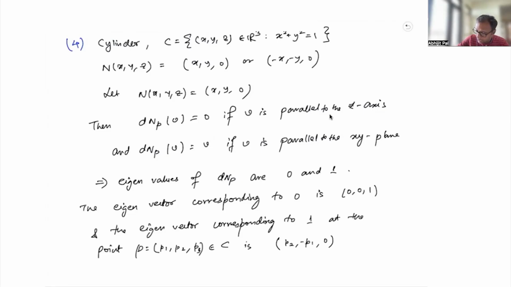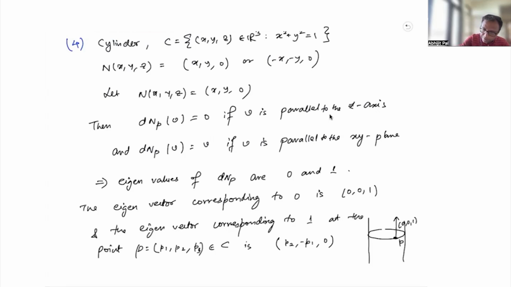So we have this cylinder, and suppose this is my point P. The eigenvector corresponding to 0 will be this vertical unit vector (0, 0, 1).